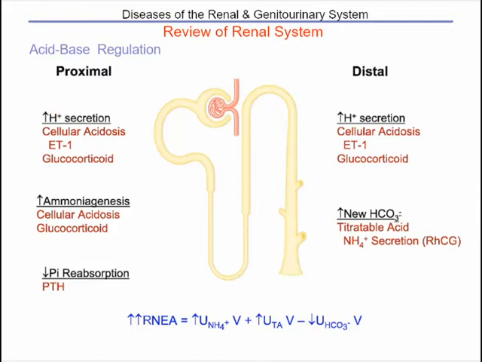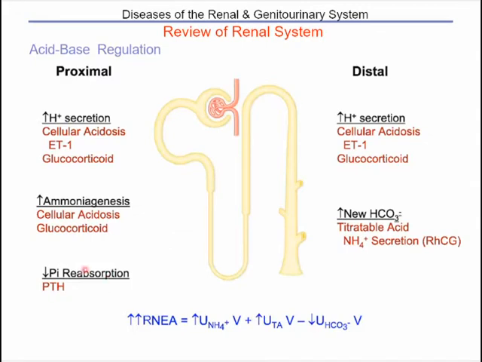Ammoniogenesis, which is one of the responses of the kidney, and collecting duct secretion of ammonium are stimulated. We know that ammonium ion is also one of the buffers for acid production. Finally, proximal tubule phosphate reabsorption is inhibited.